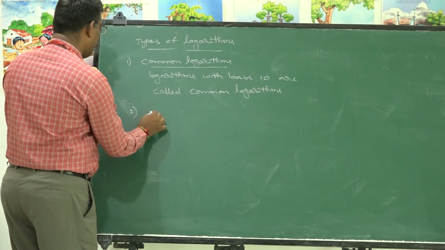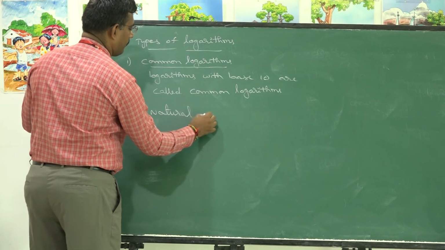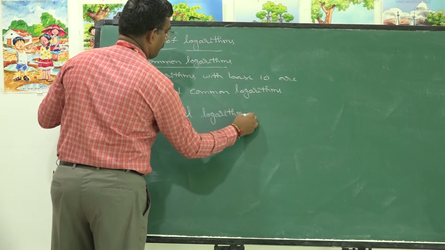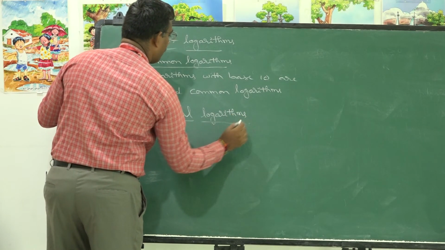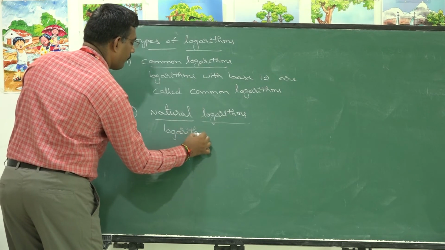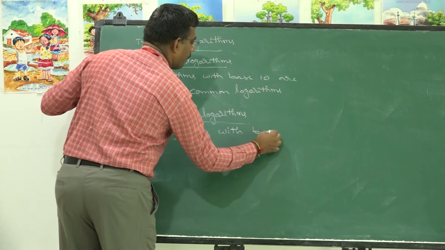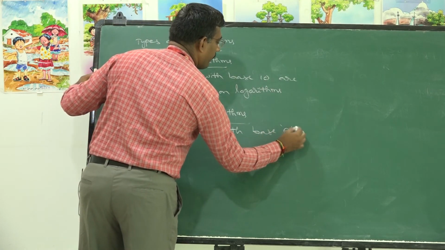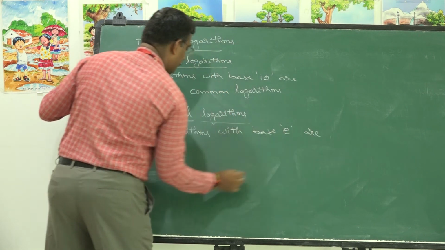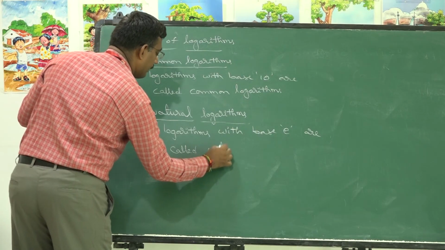Second one, natural logarithms. Logarithms with base e are called natural logarithms.